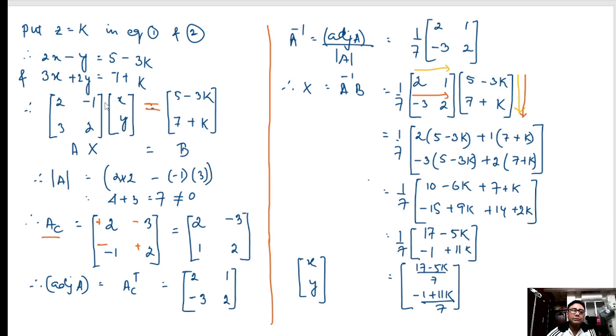Now for this position, you cannot take this column and this row, so this is left, and this position has a minus sign, so it is minus 3.